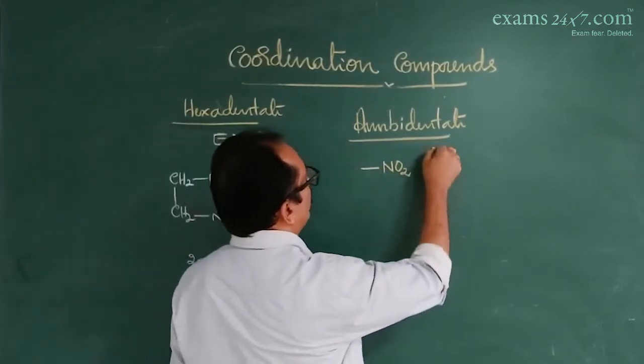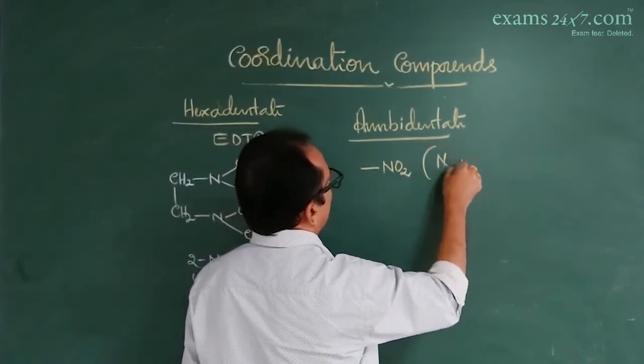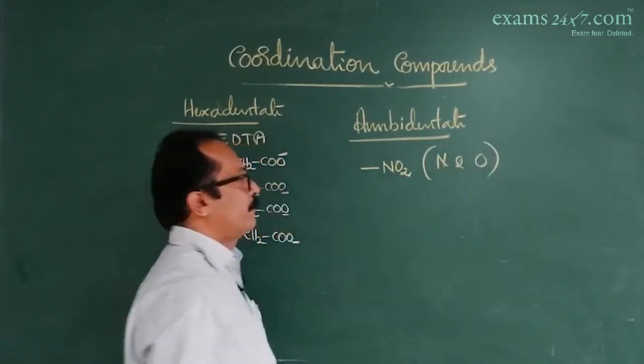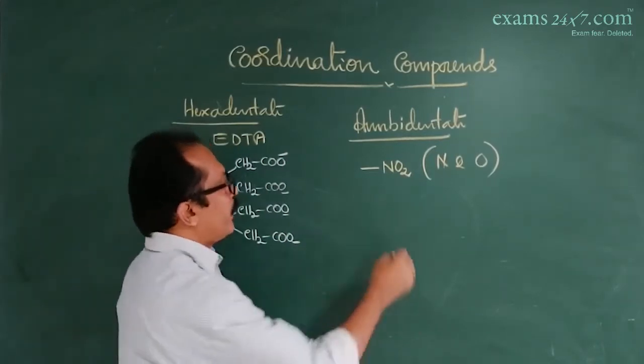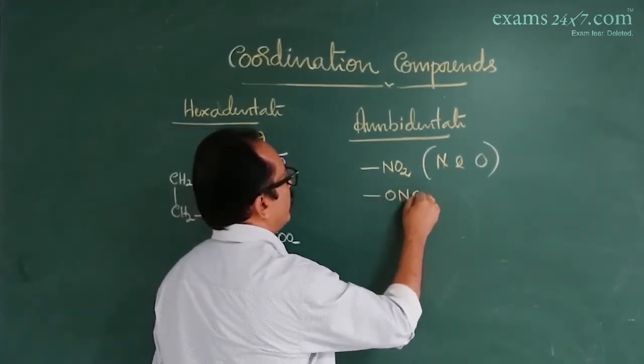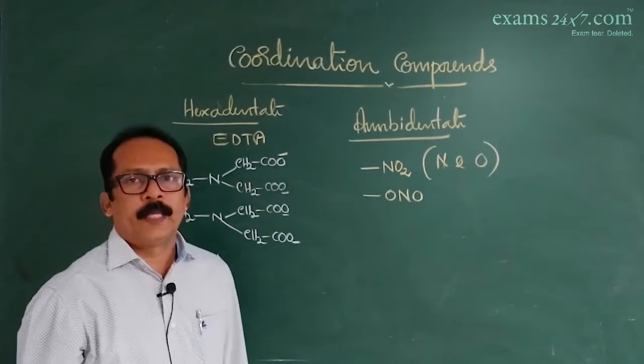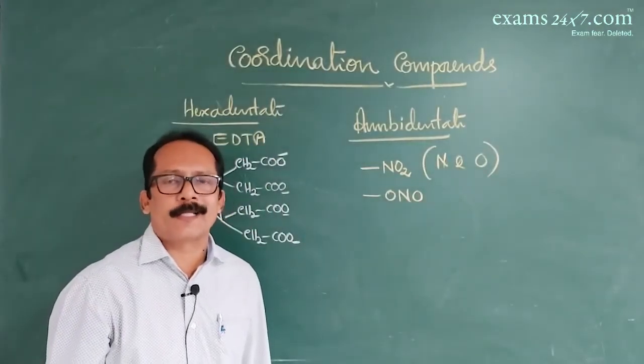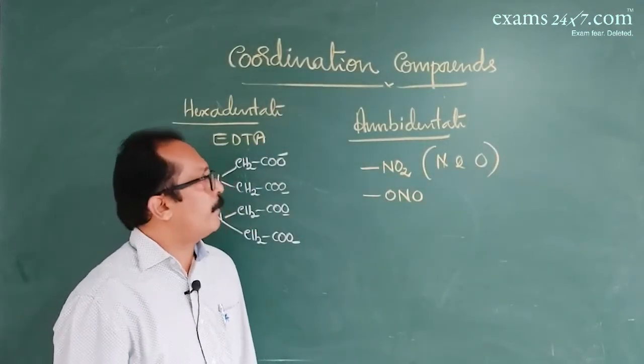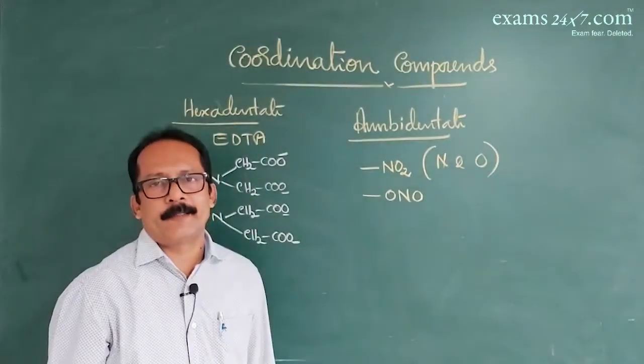In NO2 group, nitrogen and oxygen are the donor atoms. So, if you write ONO, oxygen is the donor atom. If you write NO2, nitrogen is the donor atom. Therefore, it is an example for ambidentate ligand.